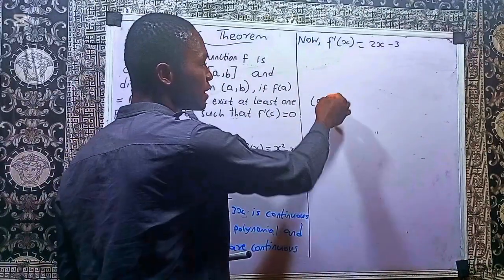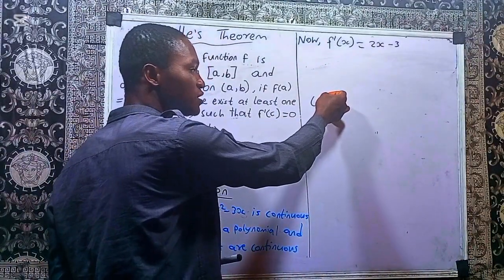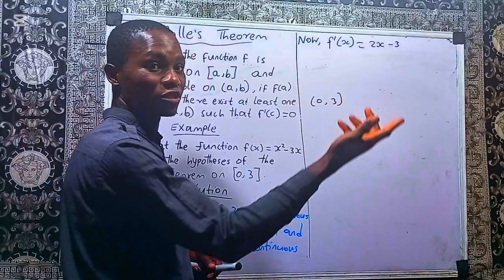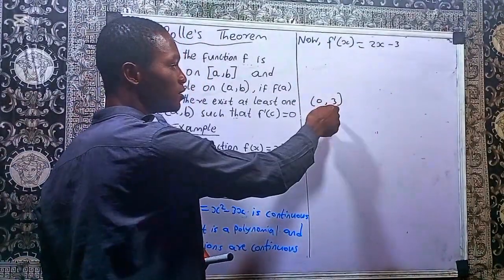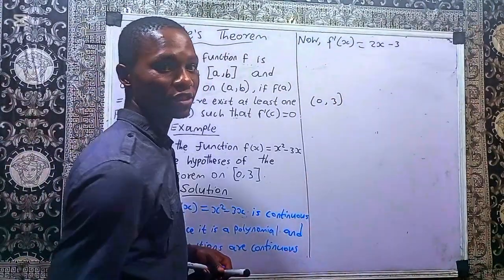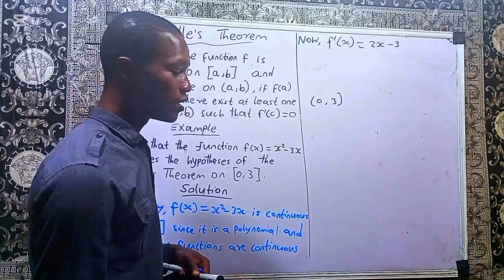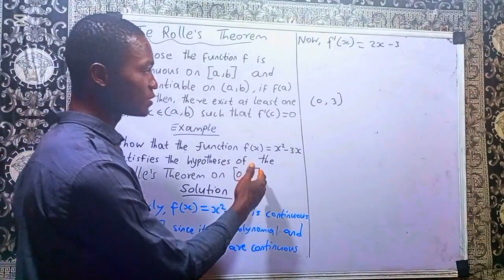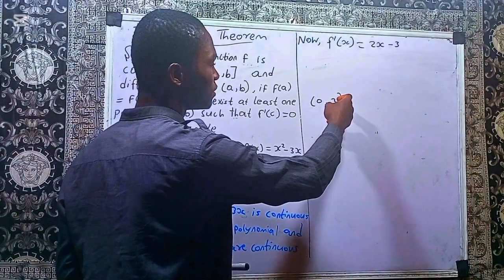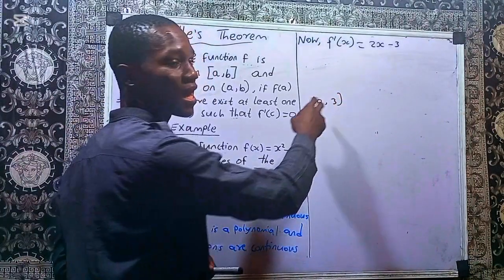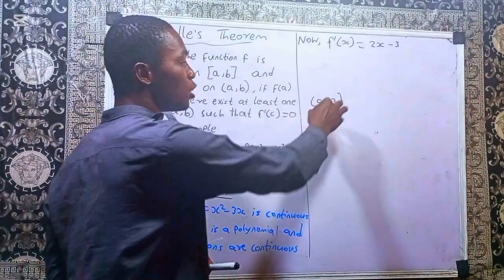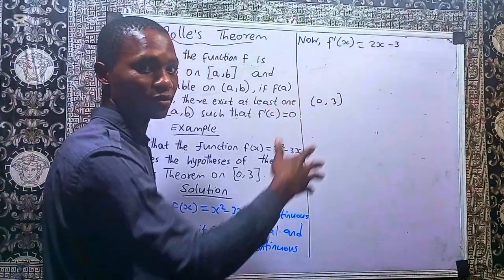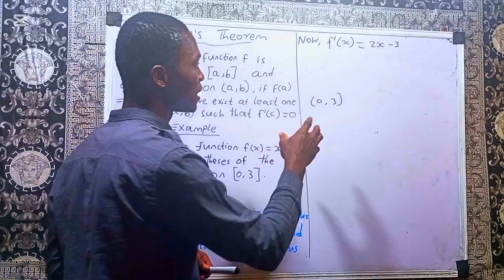Apart from that, any number you pick between 0 and 3, where 0 is not inclusive because this is an open interval, the endpoints are not inclusive for open intervals, but for closed intervals, the endpoints are inclusive along with the numbers within. For the open interval, the numbers within are the numbers that are included.